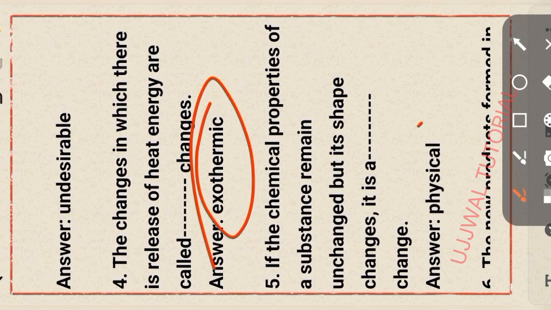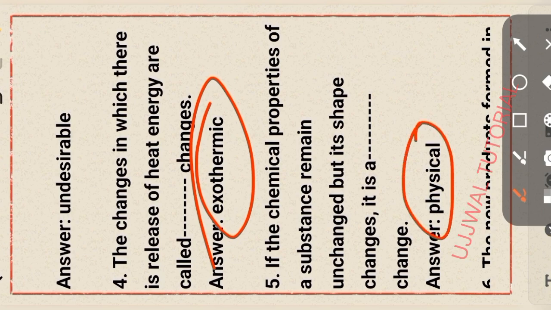Okay, if the chemical properties of a substance remain unchanged but its shape changes, it is a physical change. So there is no change of composition, so it is a physical change.